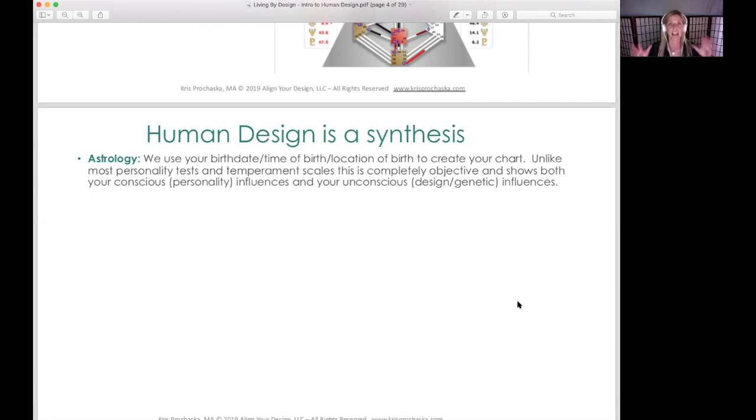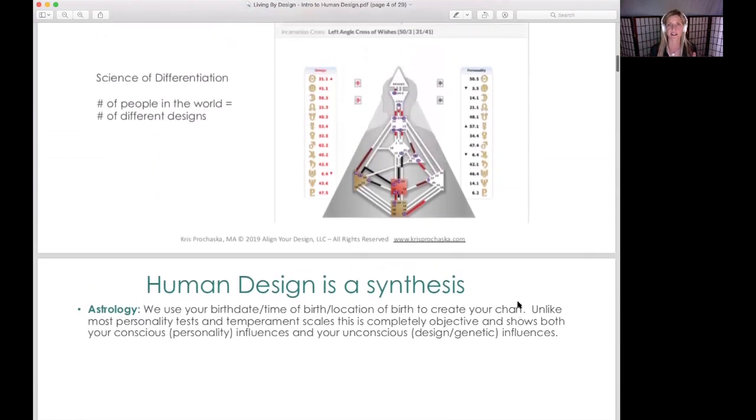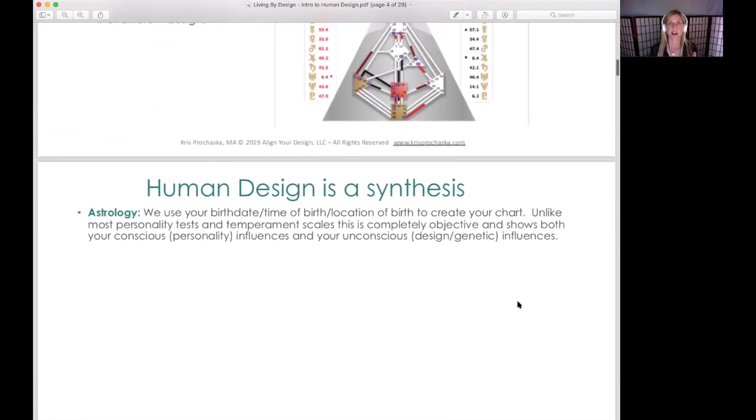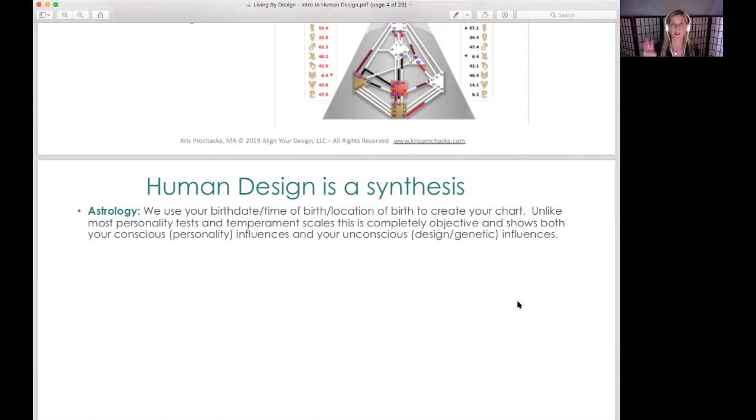I am very steeped in how to do intensive assessments. What I love about the system is that it takes objective data and scientifically creates a chart, just like this one, and uses those 3 points of data: your date of birth, your time of birth, and the location of your birth.